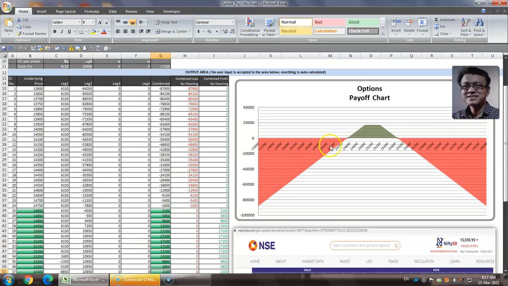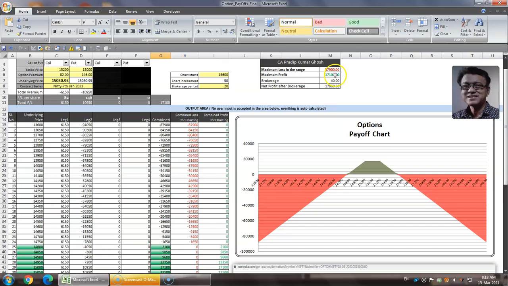That is why whenever you see this kind of decline on the red side, you can always assume that the losses are unlimited.